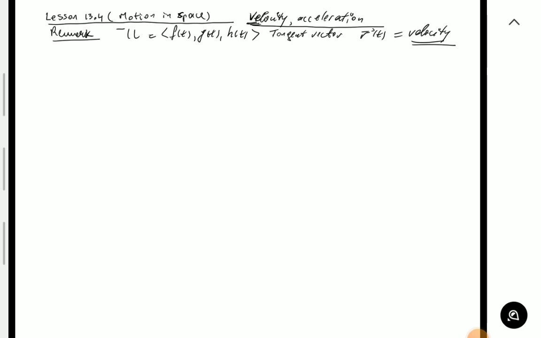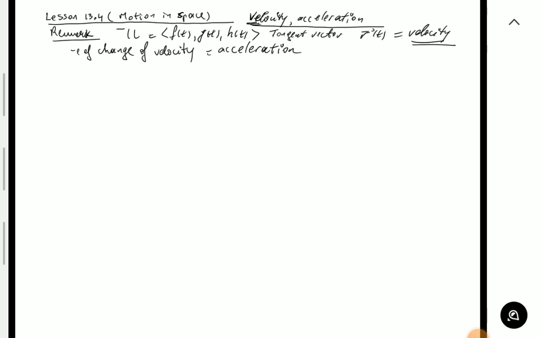And the rate of change of the velocity, how fast the velocity changes, as you might know already, is called acceleration, which is another vector. Notice that prior to studying vectors, sometimes people would use the word acceleration to mean the magnitude of the acceleration.